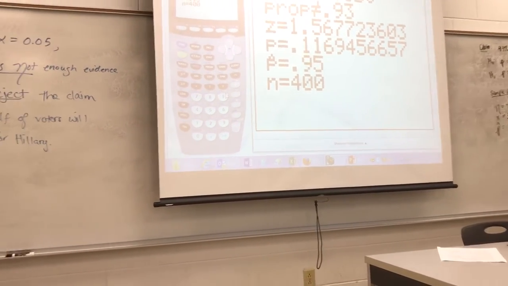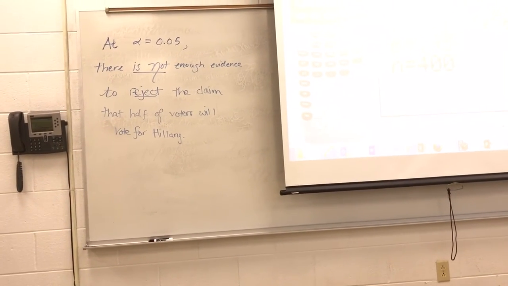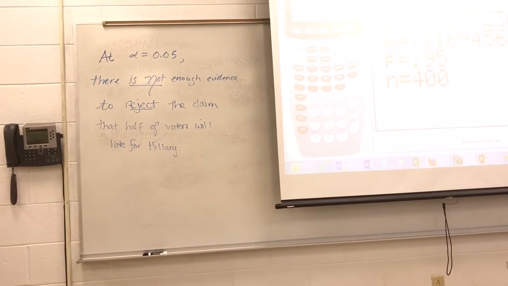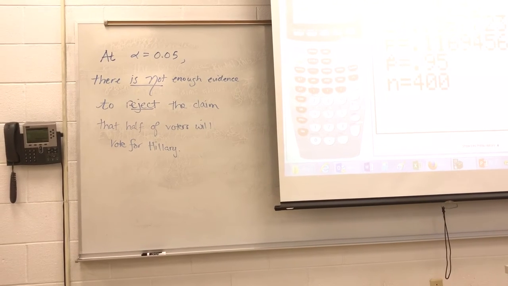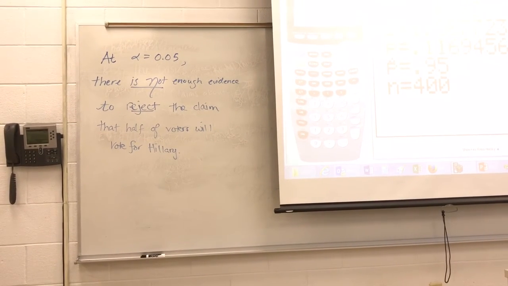And so then you look and see, well, which one was the claim? The claim was H0, so we're gonna word our conclusion in terms of the fact that we can't reject H0.